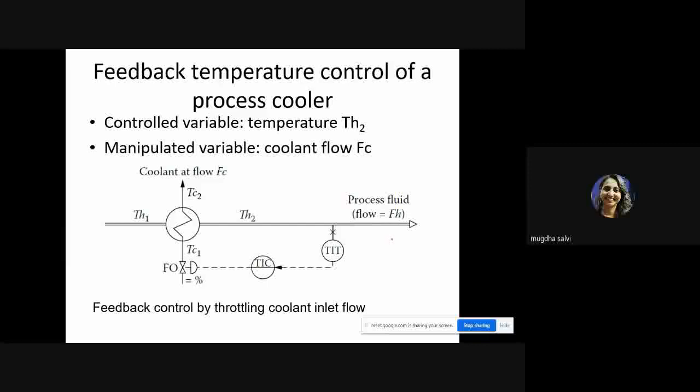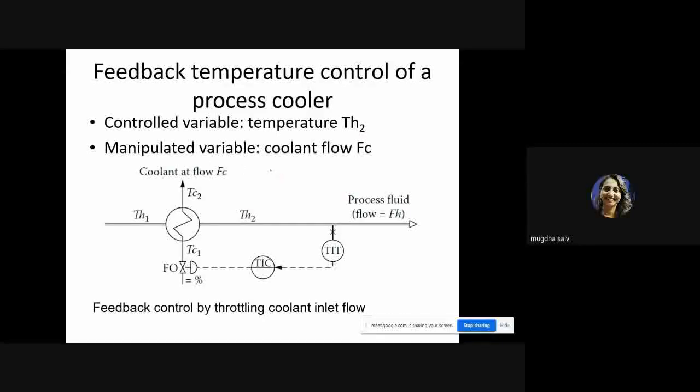The controlled variable is the variable that needs to be changed depending on the set point. To maintain a particular set point, we maintain a set point for this controlled variable. The manipulated variable is the variable that we manipulate or change such that the controlled variable is maintained at its set point.